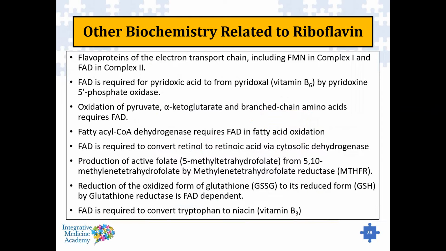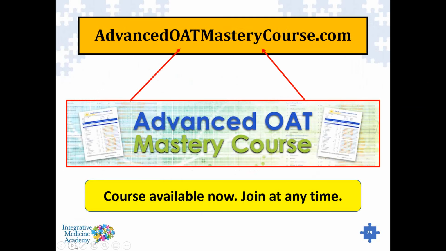It plays a role in helping to reestablish normal levels of glutathione. It even plays a role in proper tryptophan metabolism with regards to niacin, for example. So a lot of other relationships other than just linked to yeast problems.